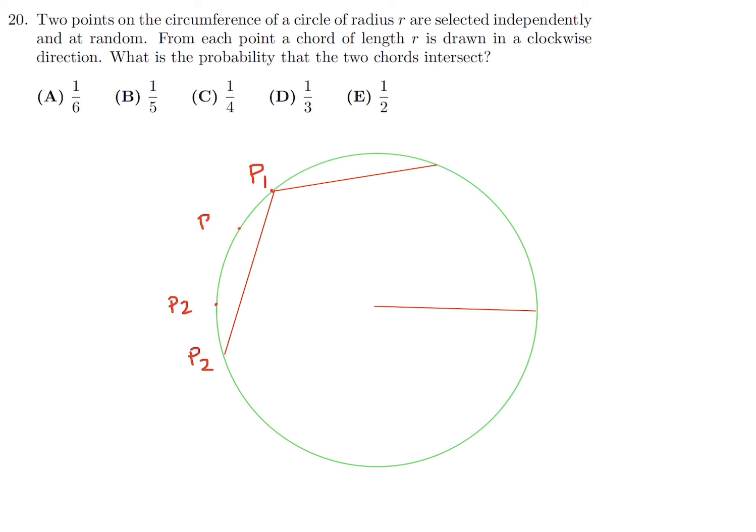If P2 was here, that chord obviously will intersect that one. Similarly, if P2 is here, it will intersect. So as long as P2 is in this region, and I'll shade that region in red, from here to there, it will create two chords that intersect each other. So we have to figure out what percentage of the circumference is that.